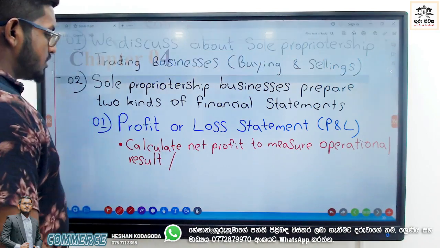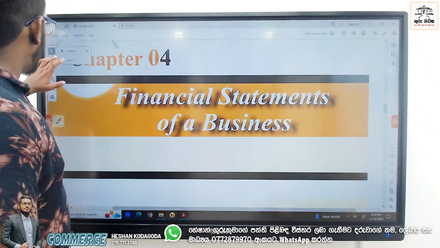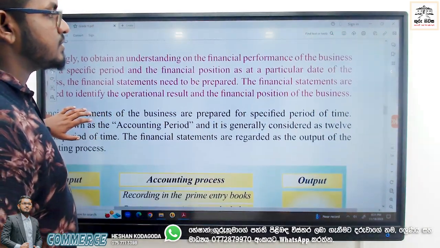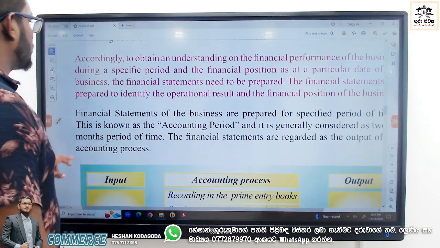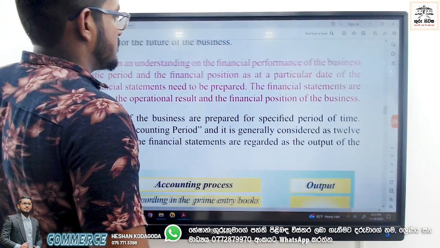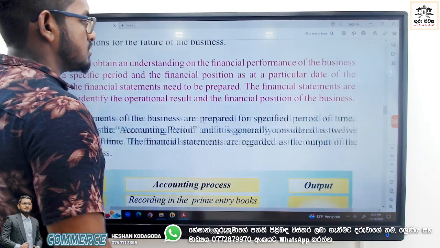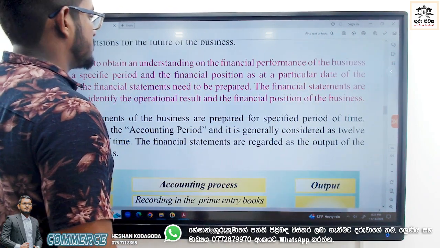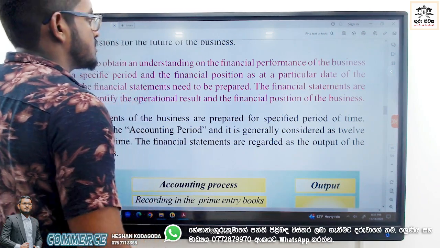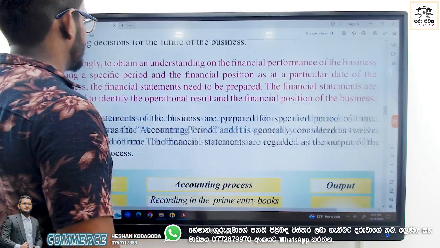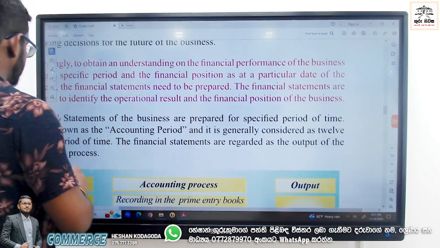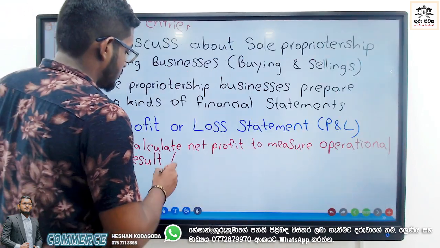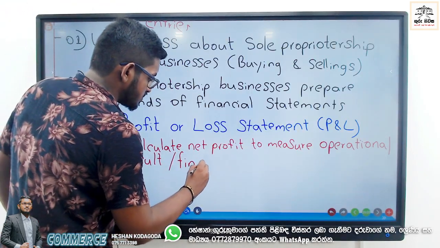Here we call our profit the operational result, as well as the financial performance. Operational result, financial performance. Let's call it financial performance.